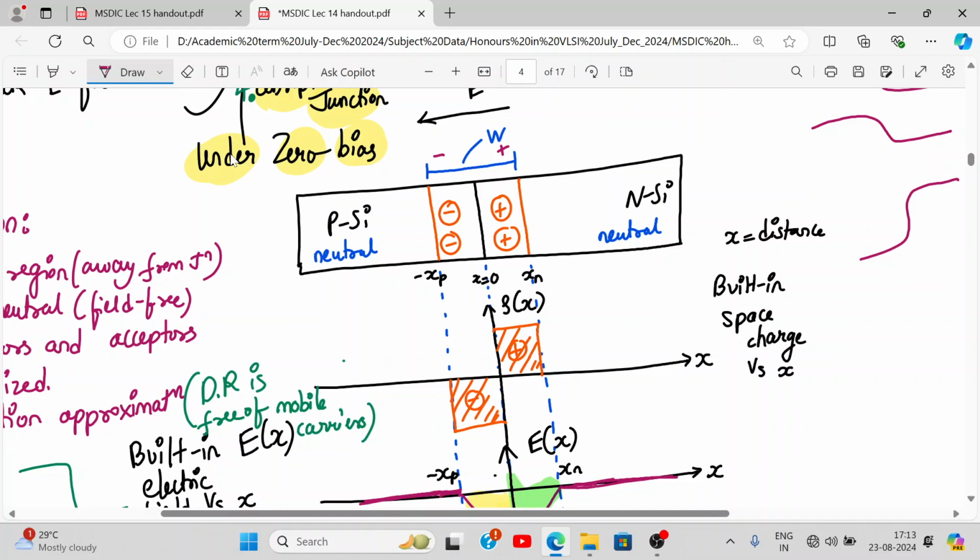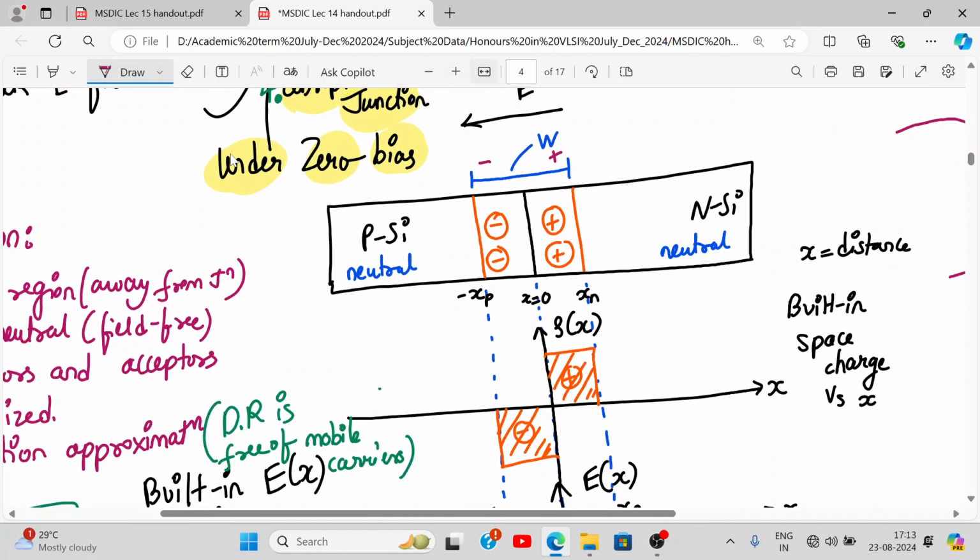This is minus xp, and this is xn. Obviously, the left of x equal to 0 is the negative axis. xp is the distance on the p side, and xn is the distance on the n side, so xn and xp together make W.